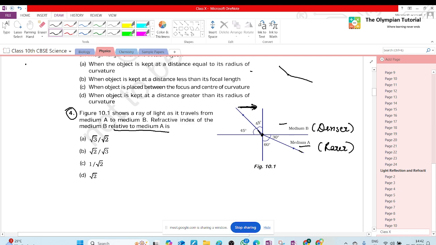That's why medium B is denser and medium A is rarer. Okay, ma'am. Here, by which formula can we calculate the refractive index of medium B relative to medium A?